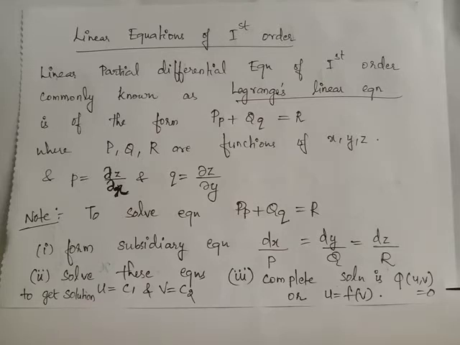The complete solution has to be written in this format, that is, function of the first solution comma second solution equals 0, or the first solution equals function of second solution. This is the format of writing complete solution for Lagrange's partial differential equation.